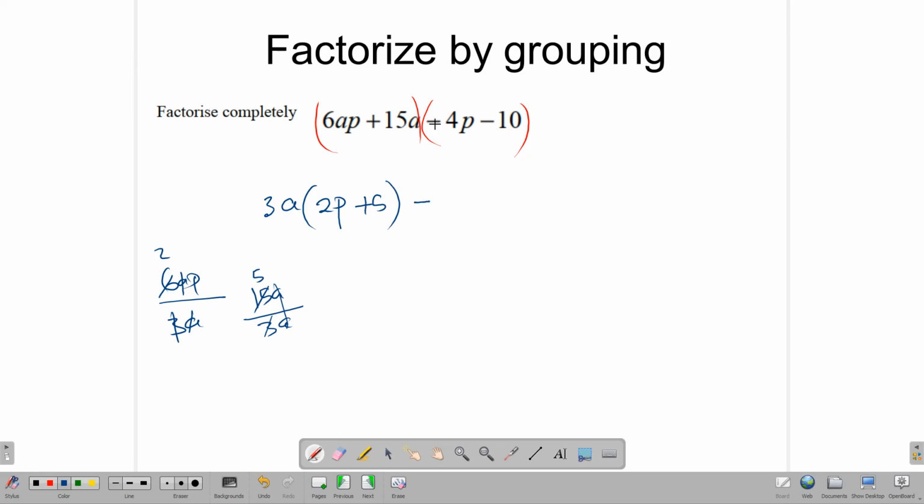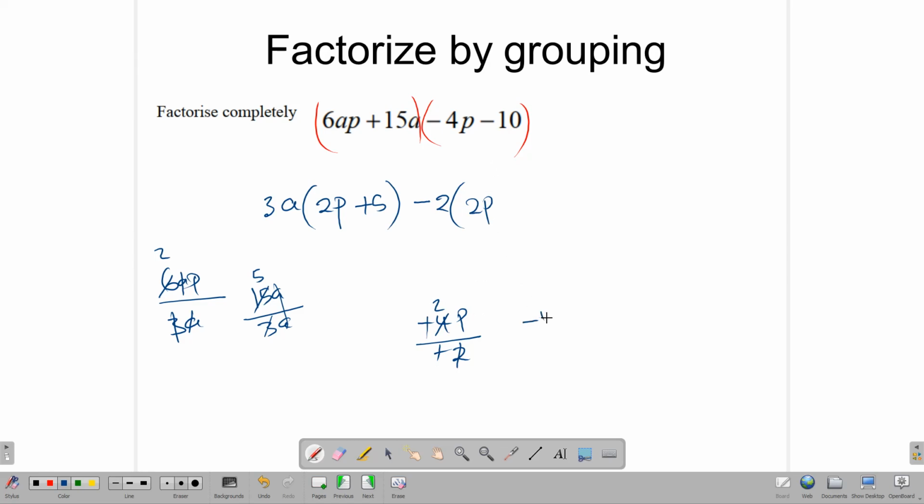Now we use a minus here, so the factor will take a minus sign. What is the highest number we can use to divide 4 and 10? Notice that this doesn't have a p, so we have to look at the numbers alone. That would be 2. And so we write down our 2, and now we're going to divide negative 4p by negative 2. The negatives cancel out, and so we have 2p.